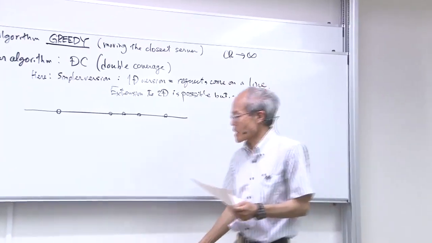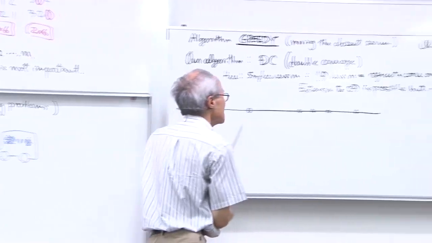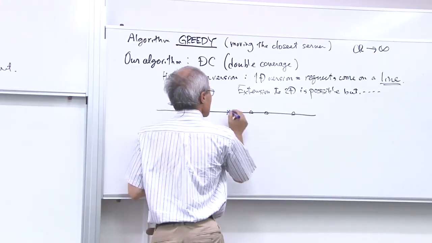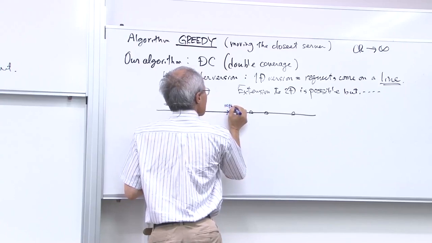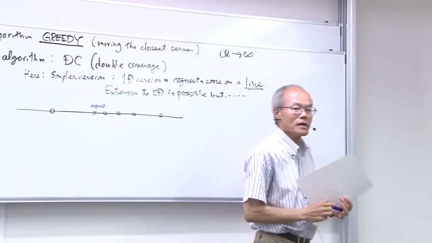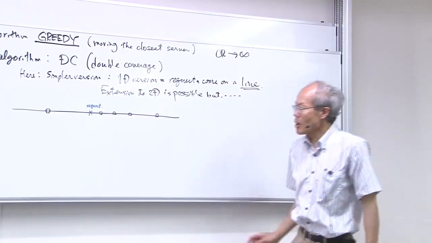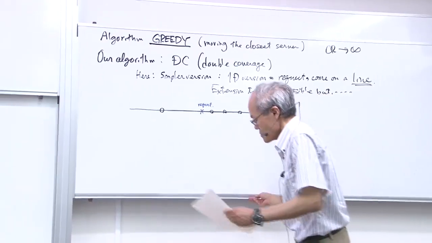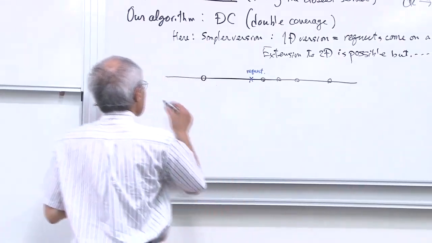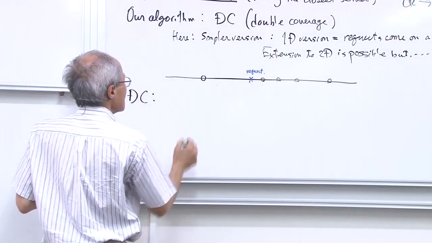And the request comes, for example, here. And you have to move some server to the requested position. Now, DC has two cases. DC is very simple. Case 1.